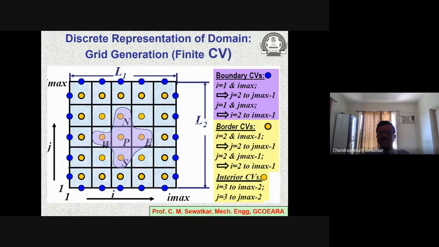So this is a discrete representation of the heat transfer domain, nomenclated using running indices I and J.